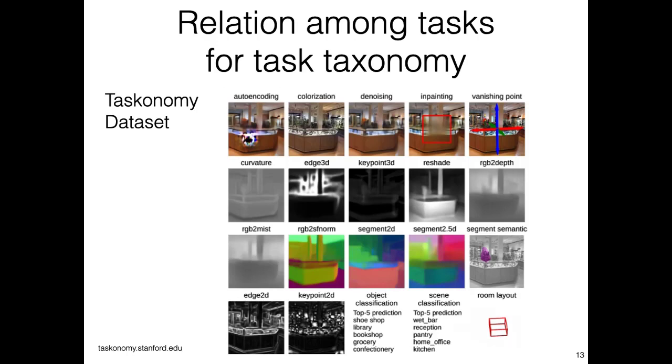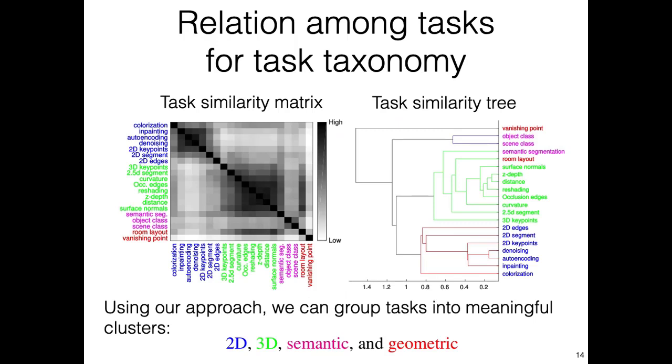So what we do is we take the taxonomy dataset, which was introduced by a lab at Stanford, that contains several indoor scenes with annotations of different visual tasks, like, for instance, colorization, edge, 3D normal calculation, semantic segmentation, etc. And with the RSA approach, we compute this task similarity matrix, taking all these different tasks.